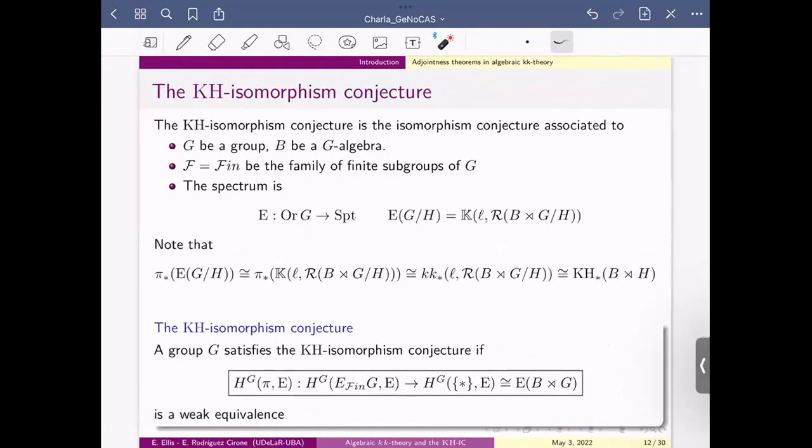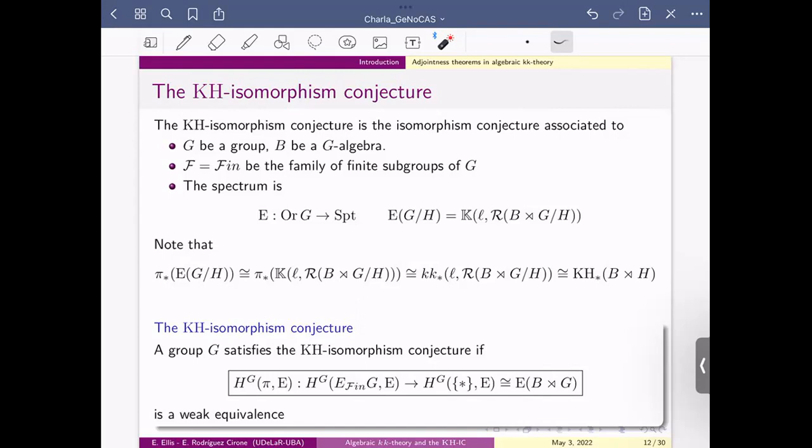So R of B cross G mod H is a ring that has the same KH theory as the category B cross G mod H, which in turn is Morita equivalent to the category B cross H. So on the left-hand side, you have KH of this R ring, which has the same KH as the cross product.